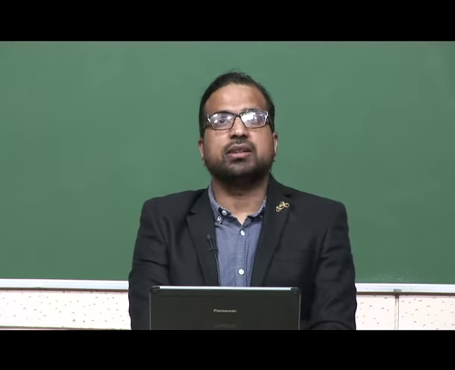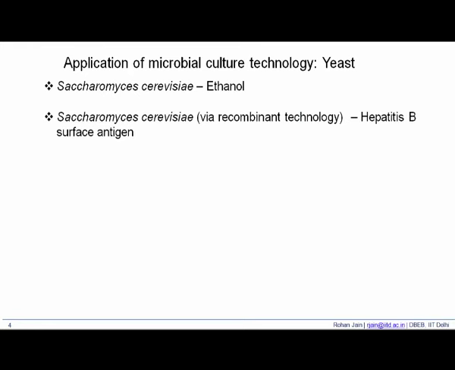Then you have yeast, Saccharomyces cerevisiae, which is used to produce ethanol; this is the most common organism for fermentation. Ethanol is not only for laboratory use, but these microorganisms are used for production of liquor for drinking purposes, wines, whiskies, beers and so on.